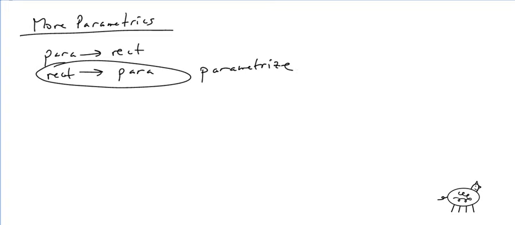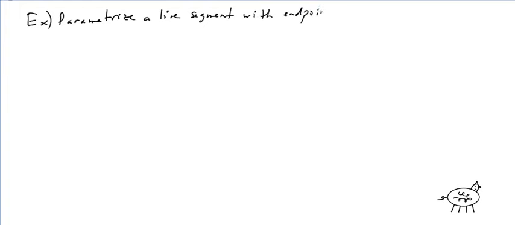Let's start out with an example. I'm going to clear this out. The example says: parameterize a line segment with endpoints (5, 3) and (-2, 1).